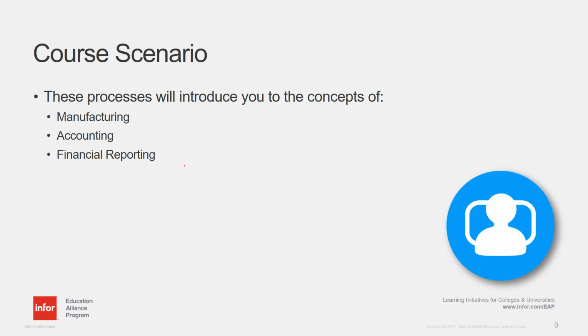The concepts of manufacturing, accounting, and financial reporting are provided and supported in these scenarios that we will be using. The lessons that we will walk through will cover manufacturing, accounting, and financial reporting.